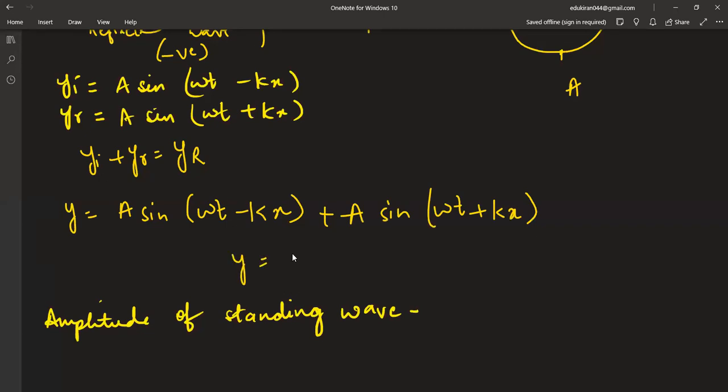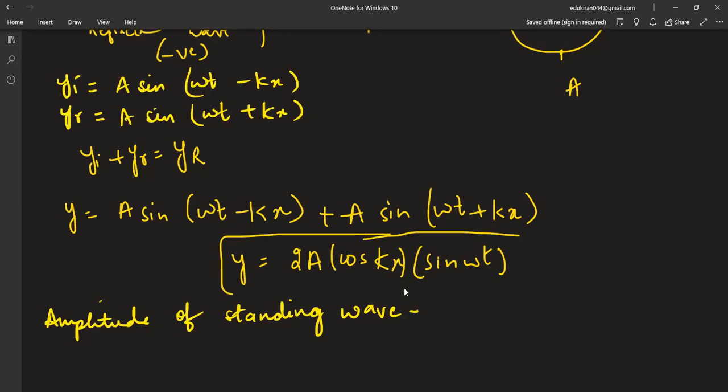So the resultant becomes 2a cos kx sine omega t. This is the equation of the stationary wave.